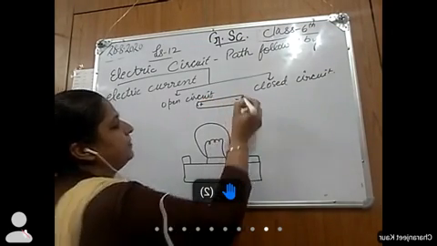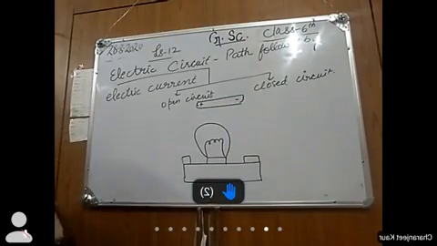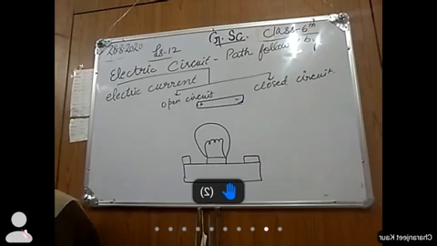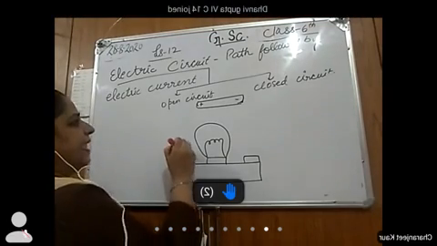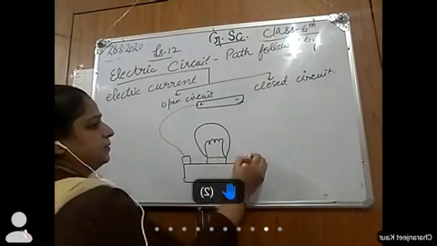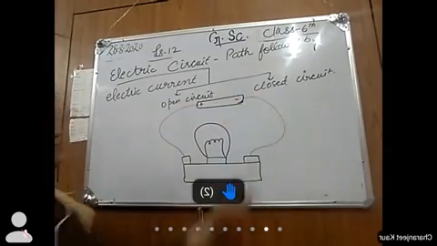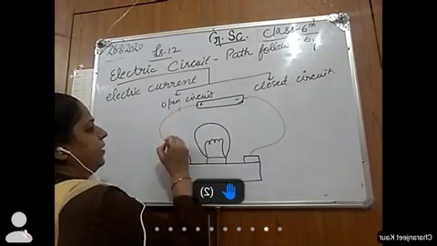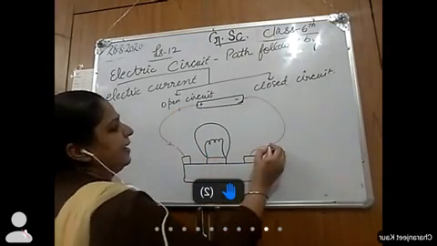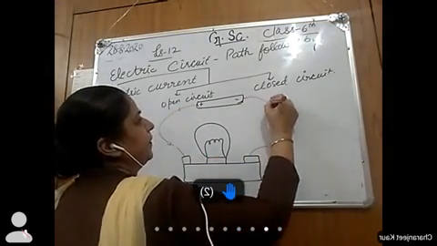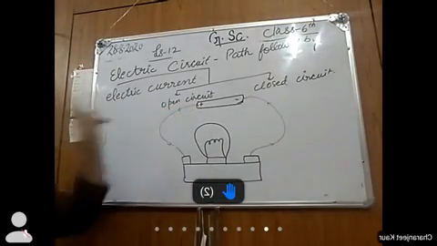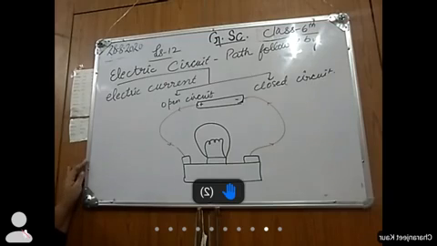One is positive terminal, one is negative terminal. Now you have to connect a wire. This is a wire. Here current is flowing. It is getting completed, right? This circuit is a closed circuit, or you can simply say electric circuit.